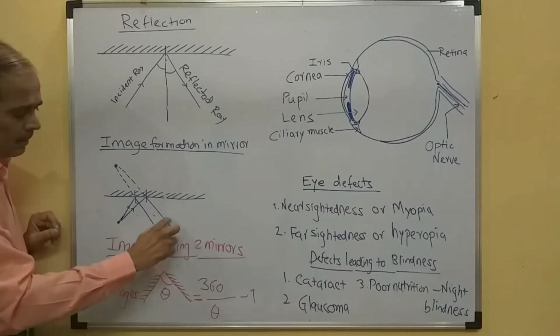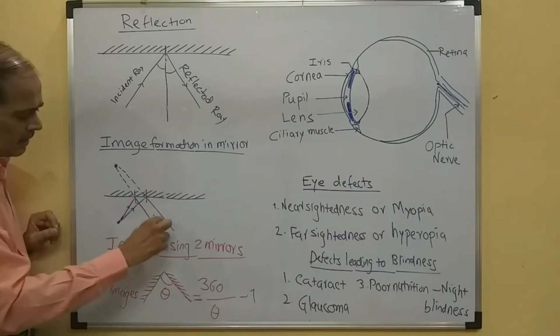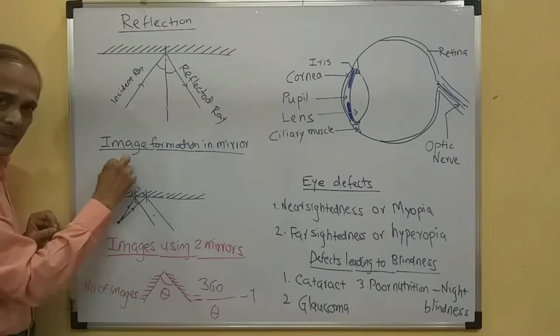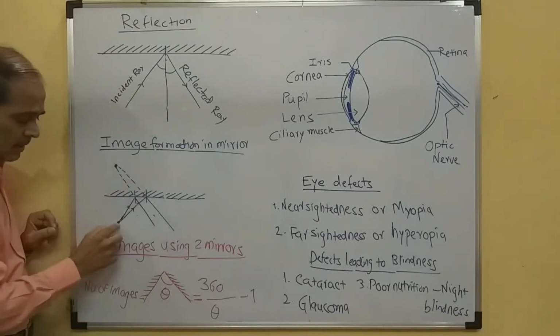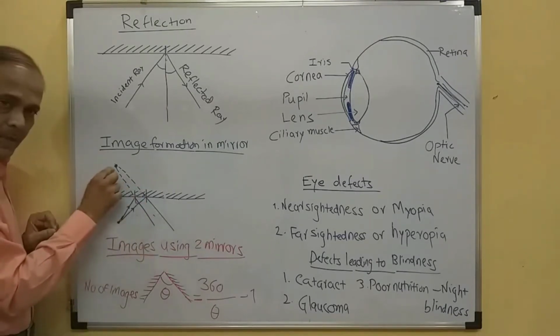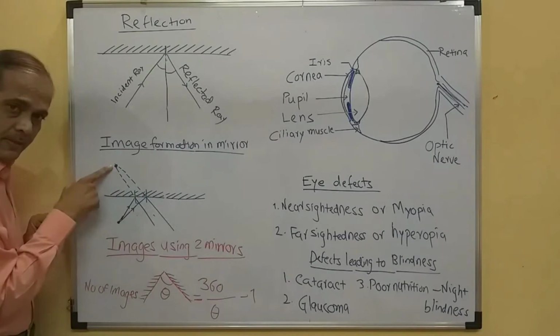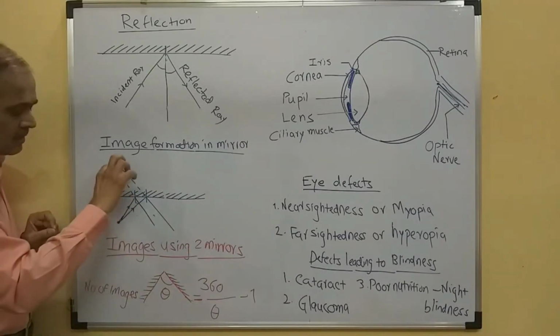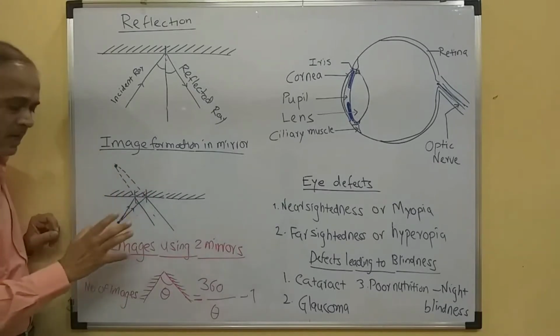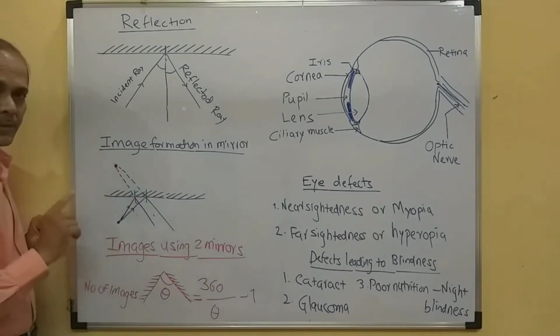So what will happen? You will imagine that these two rays are as if joining somewhere behind this mirror, where this dot will become visible. Several rays join at this place, making its image here, and you will find this distance and this distance are just the same. So that's the way an image is formed behind a mirror.